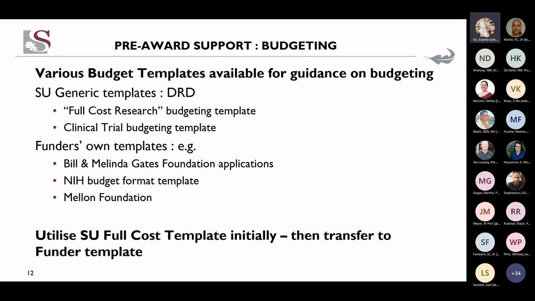Full cost in this sense means that you need to budget everything, including the ICRR, which is the indirect cost recovery levy of the university, which is at the moment 20%. Always make sure that you include that.